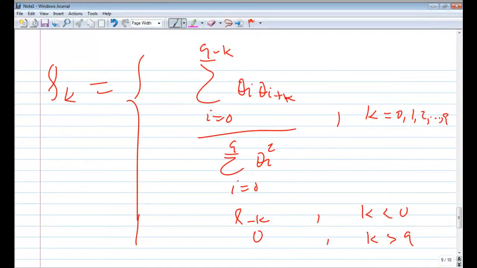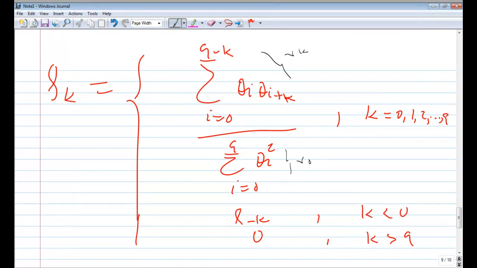So when you generalize it, it's the summation of theta i theta i plus k, which is like gamma k, divided by the summation of theta i squared, which is like gamma 0, where k is ranging from 0 up to q.